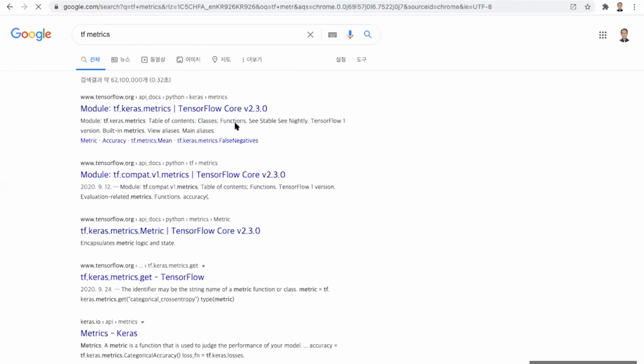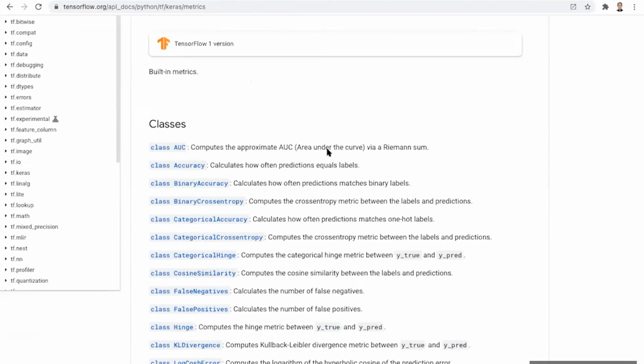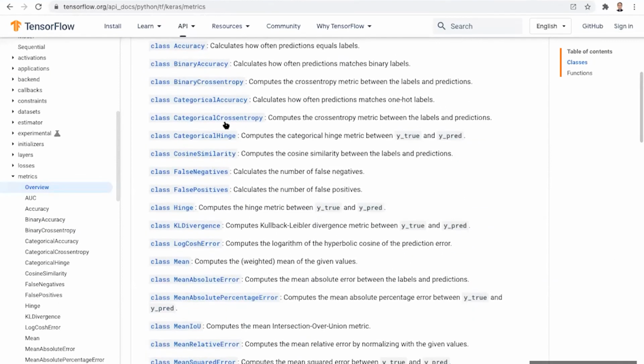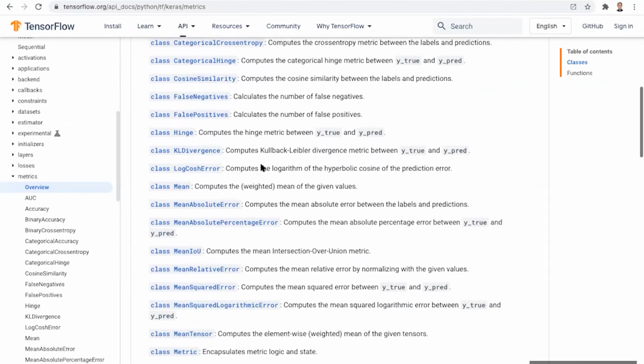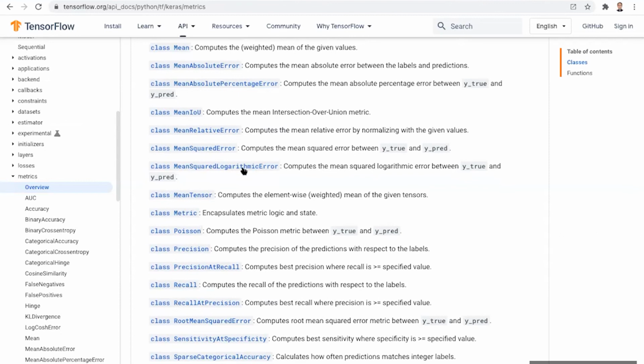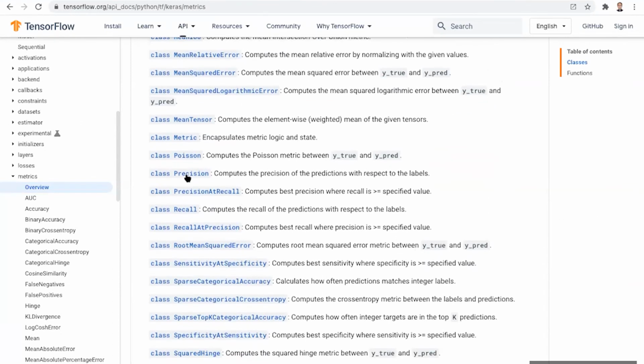Then it offers lots of different metrics, for example AUC, accuracy, binary accuracy, or cosine similarity. I don't know what all of these mean, but it gives you some sort of metric, for example precision.